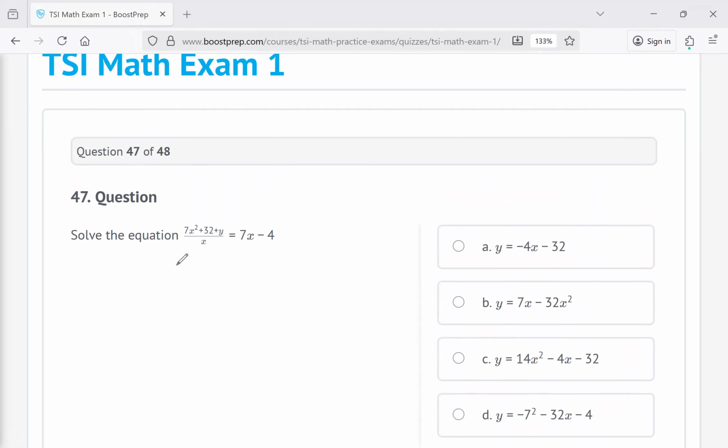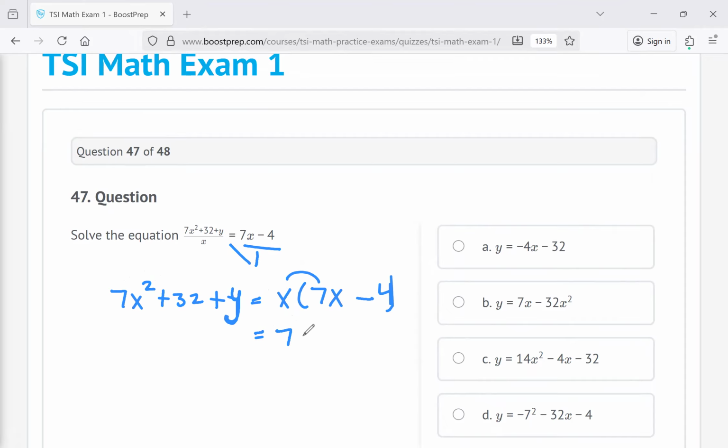Question 47, solve the equation, and they want to solve for y. Because we only have a fraction on the left and the right, just cross multiply. So this is going to be 1 times that, which is 7x squared plus 32 plus y, equals x times 7x minus 4. And then I guess clean this up. 7x times x is 7x squared. x times -4 is -4x.